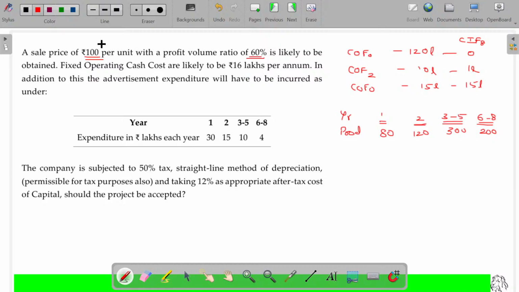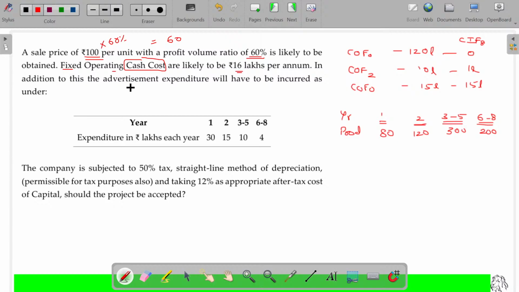Profit volume ratio means for ₹100, 60% is your contribution, which is ₹60. From the contribution, of course, you have to subtract fixed cost. If I multiply the PV ratio with the sale, what I get is named as contribution here. From the contribution, you have to subtract fixed cost if it is given. The fixed operating cash cost is 16 lakhs.